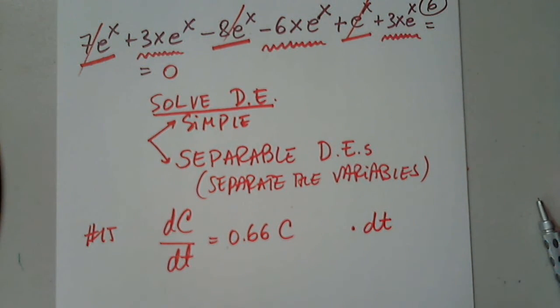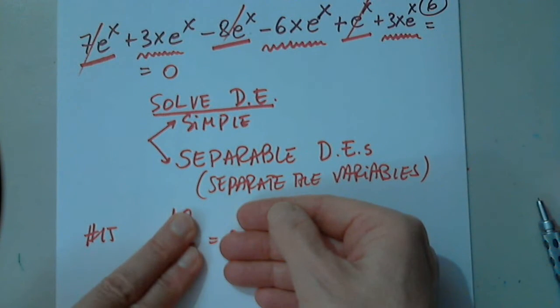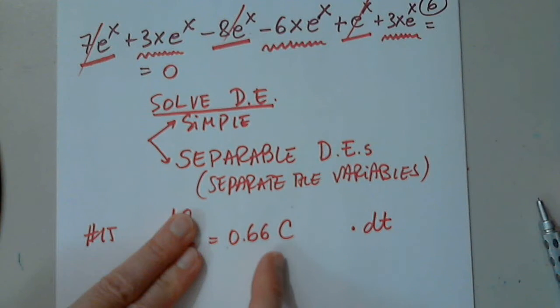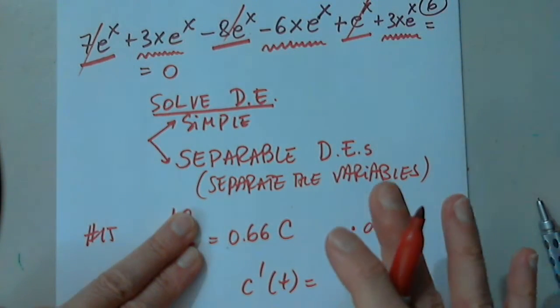And you can say, wait a minute, why are you multiplying by dt? This is just c prime. You can consider that too. So if this is c prime and this is the answer, c prime of t, right?